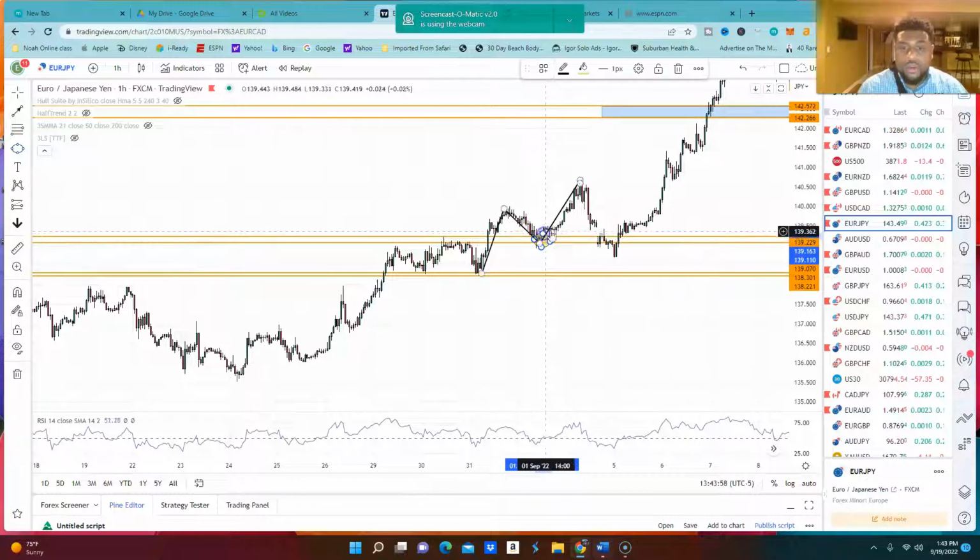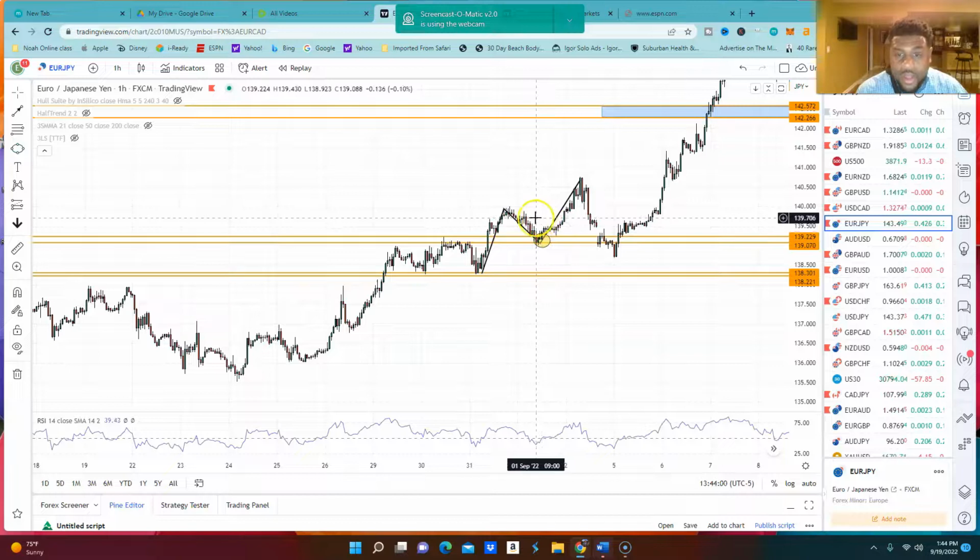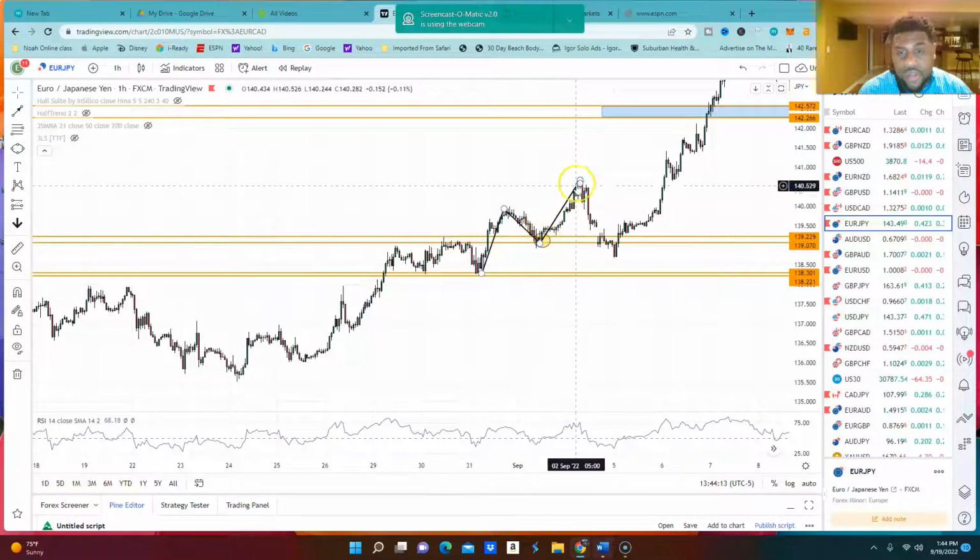Okay, right in this area here. So if I'm looking right here, once it retested with this bearish candle, and then this next candle right here, this bullish candle, once this candle closed bullish, I would have entered right here and taken that up for me personally.